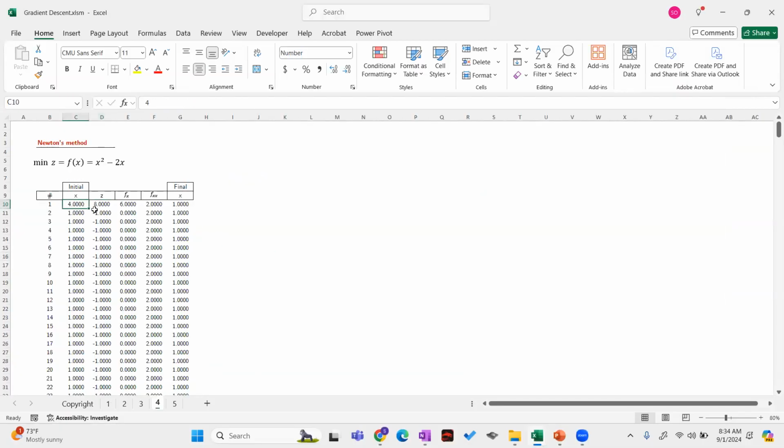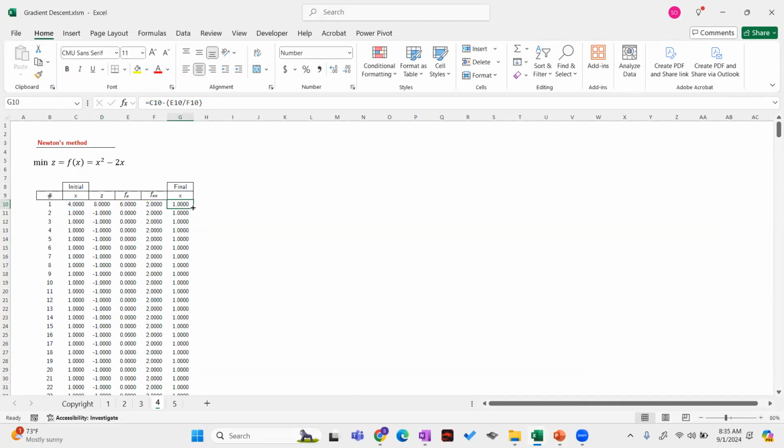So we have initial x at 4. The slope is 2x minus 2, which is 6, right? The double derivative is always 2. This is what we just calculated. New x is equal to old x minus the first derivative divided by the second derivative. That's it.